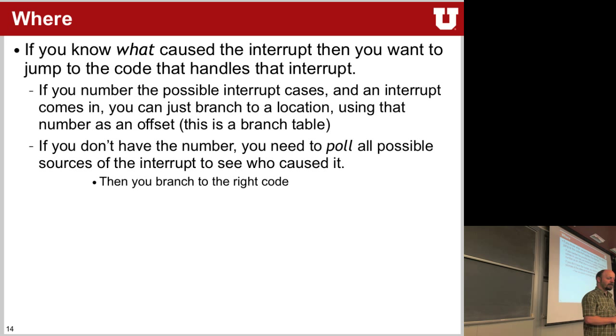So let's answer the question of where. If you know what caused the interrupt, then you can jump to something that you registered for that. Makes pretty easy sense. Luckily, every interrupt has a number. And the ARM Cortex defines a branch table, a huge table in memory which has just function pointers inside of it.